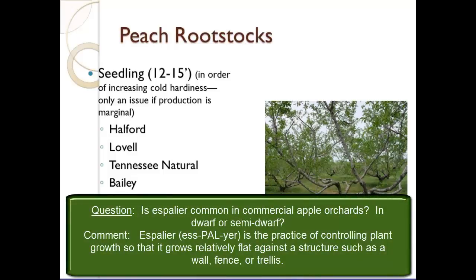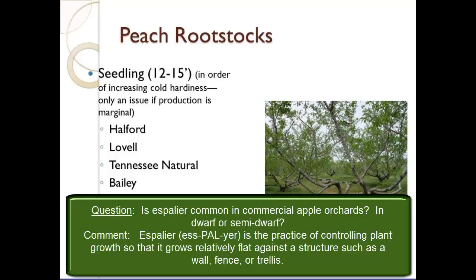I see a question: is espalier common in commercial apple orchards? Our full dwarf apple orchards are almost espaliered, except they are not two-dimensional like most espalier is. So when you talk about a high-density dwarf orchard, it is fully trellised and staked.